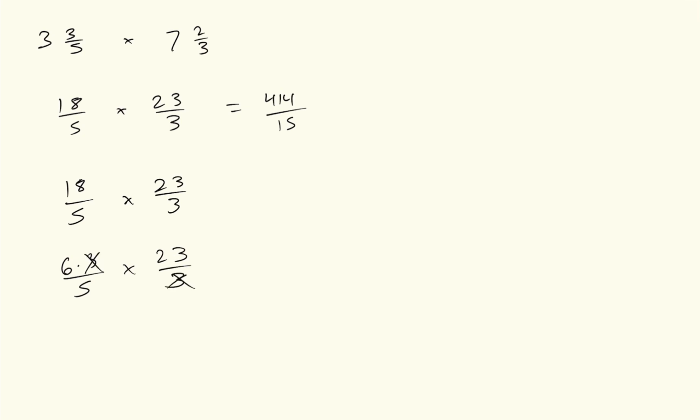These 3's will cancel, and you're left with 6 over 5 times 23 over 1. And 6 times 23 is equal to 138 over 5. And that's it in its lowest common form.